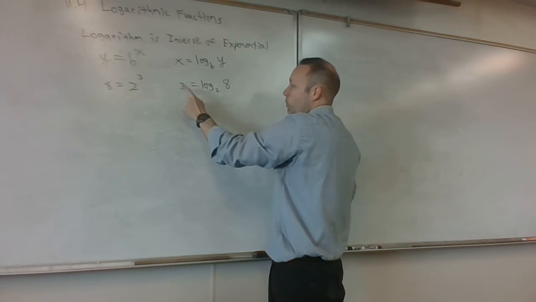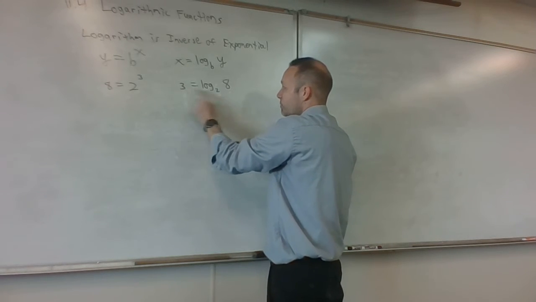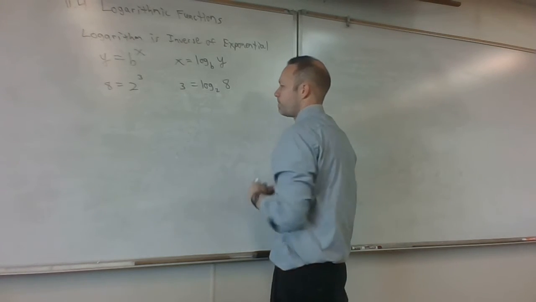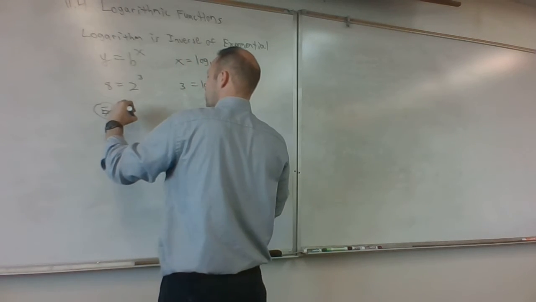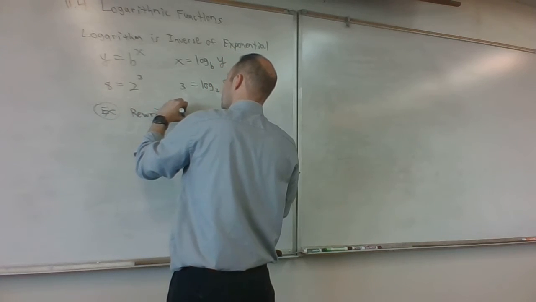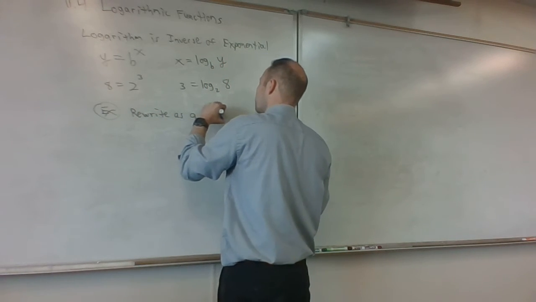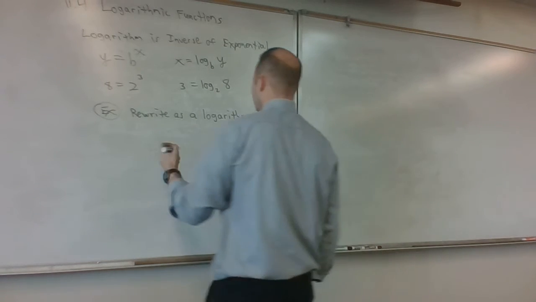So the exponent is what we're finding. It's like, what exponent do we need in order for 2 to the power of the exponent to equal 8? Okay? So a couple sample problems of what you'll have in the homework would be like, rewrite as a logarithm, which is what I essentially already have there.